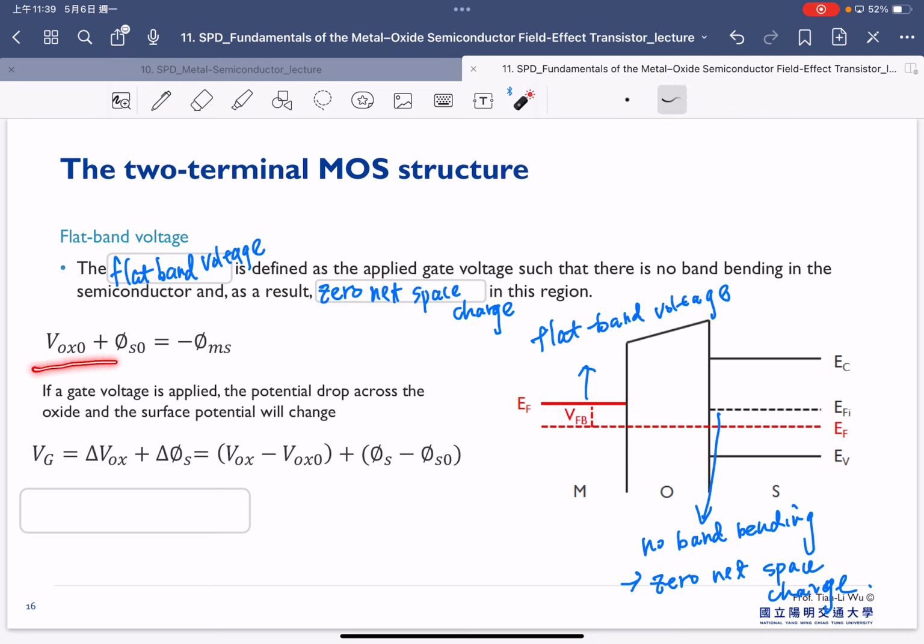So in the equation shown here, if the gate voltage is applied, the potential drop across the oxide and the surface potential will become like shown here. And in the end, our VG is equal to Vox plus phi S plus phi MS here.